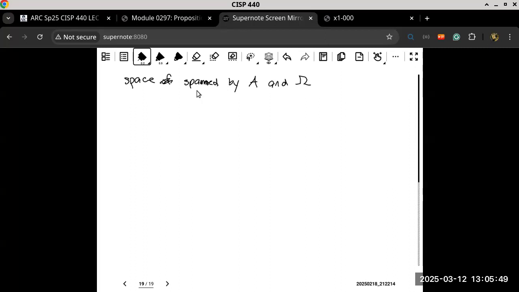So it's being used in that sense. You have two things, and when you combine those two things, you generate a space that is bigger, or at a higher dimension, compared to the two spanning vectors, or how do you call those things?